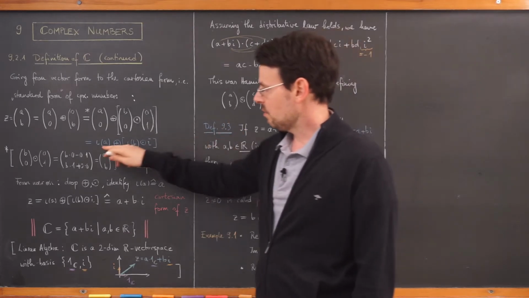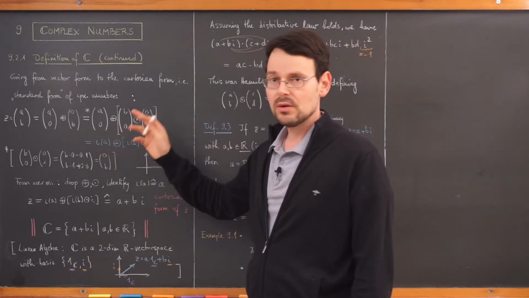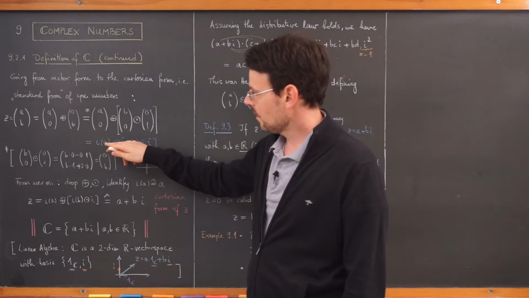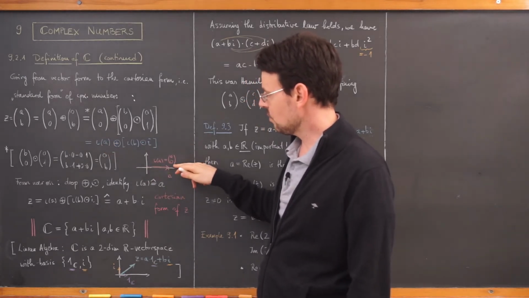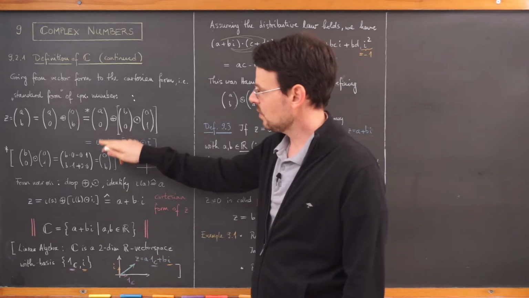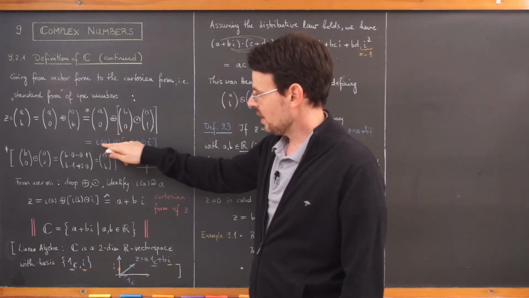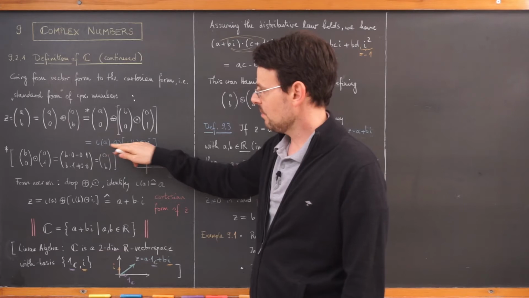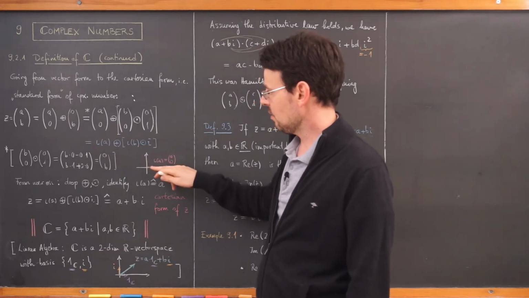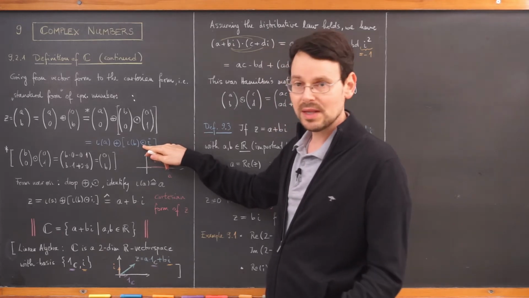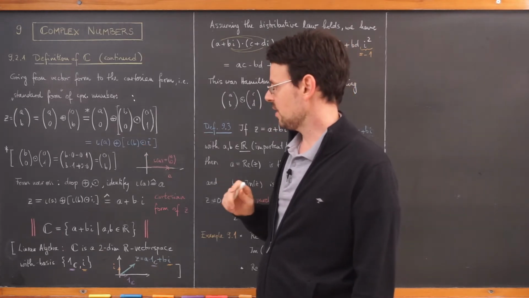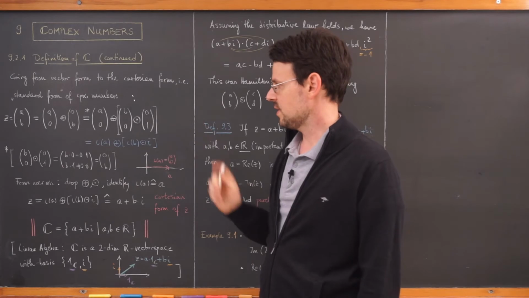And now, if you remember, there was this embedding, which sends a real number a to the vector a0. So here we have the embedding of the real number a plus the embedding of the real number b, complex multiplied with the imaginary unit I, which was this vector.